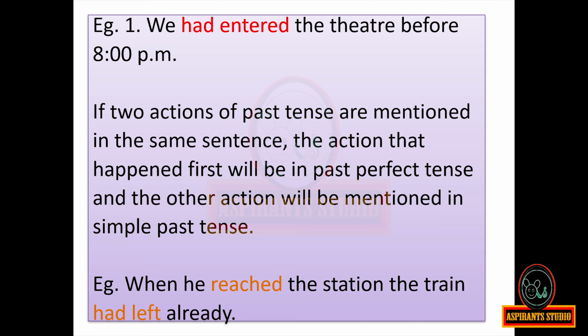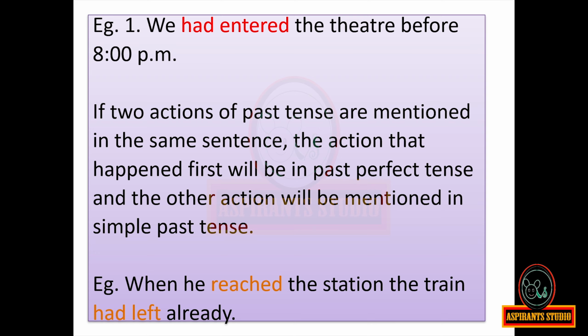Example, we had entered the theatre before 8 p.m. If two actions of past tense are mentioned in the same sentence, the action that happened first will be in past perfect tense and the other action will be mentioned in simple past tense.